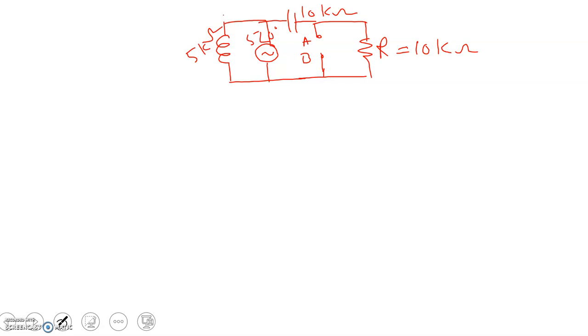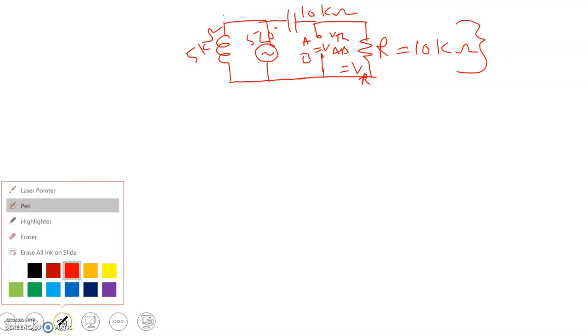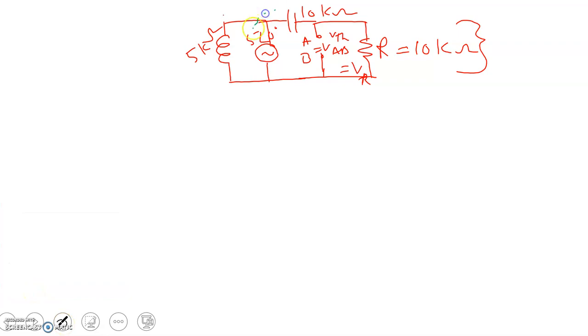So basically VTH is the voltage across AB. So VTH is equal to VAB, which is equal to VR. So consider this part of the circuit.